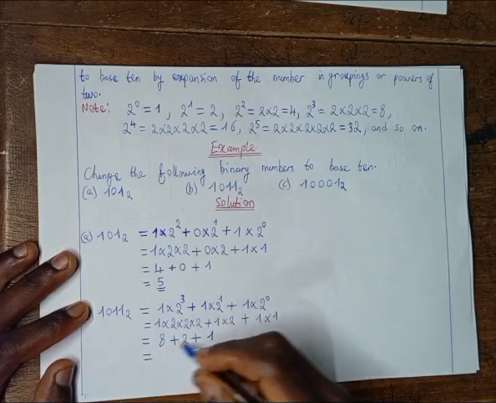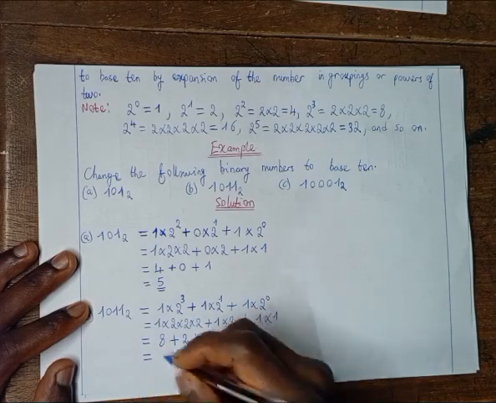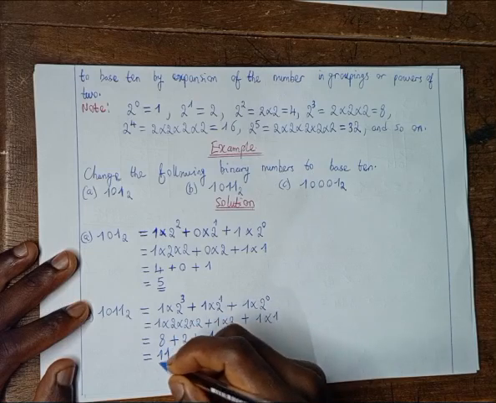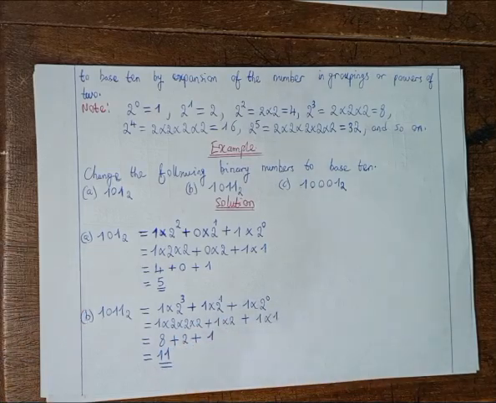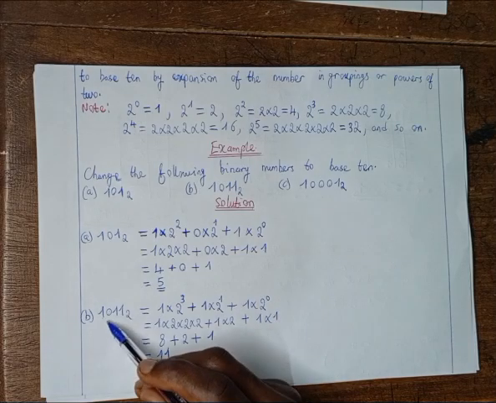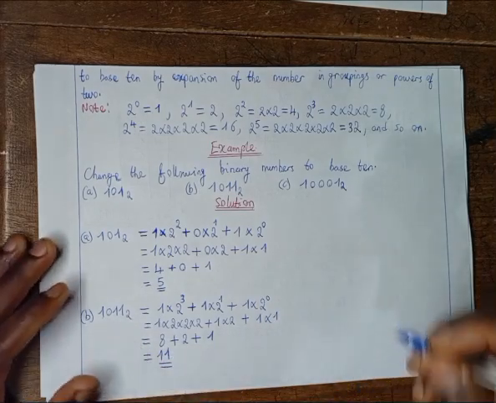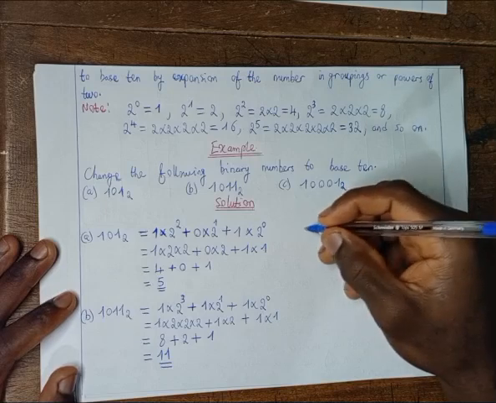If we add 8 plus 2 gives us 10, plus 1, 11. That means the number 11 in base 10, when changed to base 2, you will have the number 1011. Next, let's answer C.